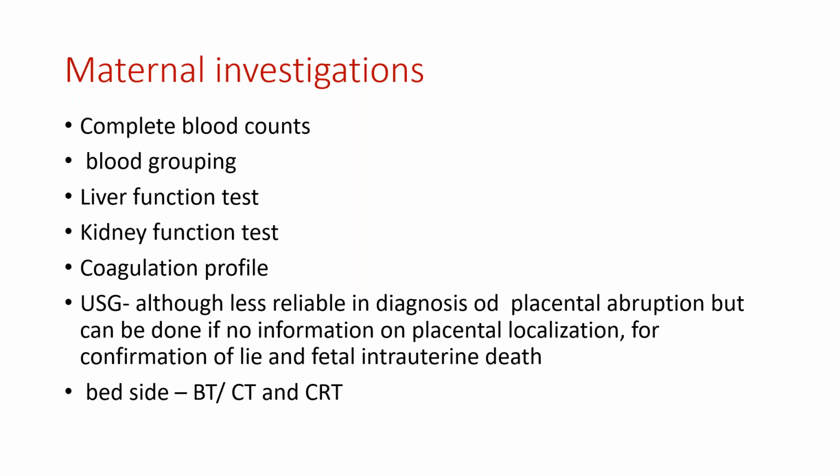In cases where there is suspected abruption, USG is less reliable in diagnosis. It can be done just to know the placental location, or if you are not able to find any fetal heart with stethoscope or with Doppler, you can confirm that finding on the ultrasound.